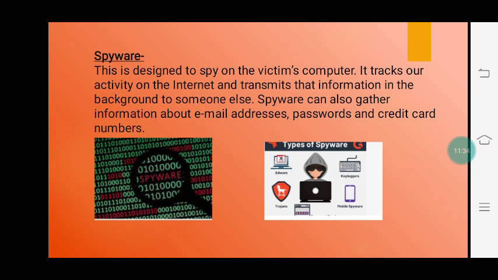Spyware can also gather information about email address, password, and credit card number. It may hack our account, hack our password, which may be misused, and steal our money also. This is what the spyware is.